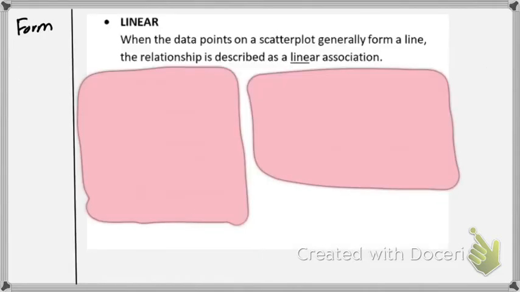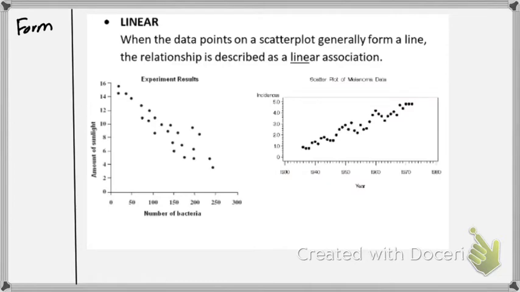I do want to talk about the form. There are two forms. The first form is a linear form. That's when the data points on a scatter plot form a line and the relationship is described as a linear association. Here are some examples. Like here, if I put my trend line on this graph, I can tell that they're all going down in a straight line.